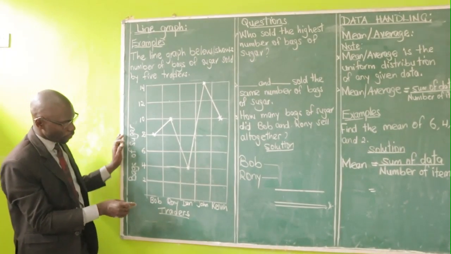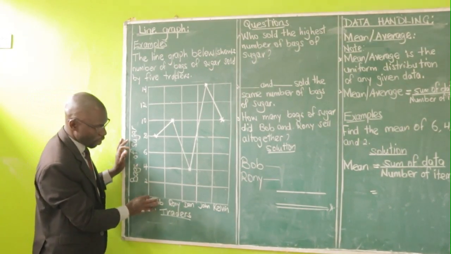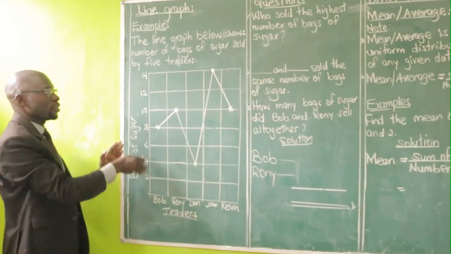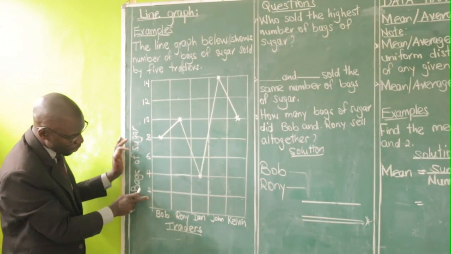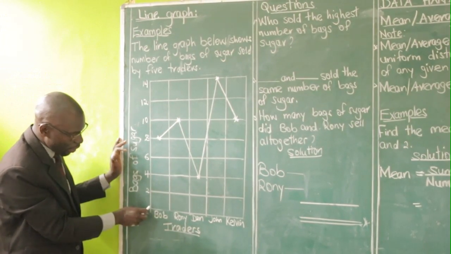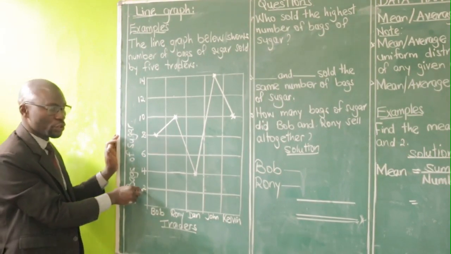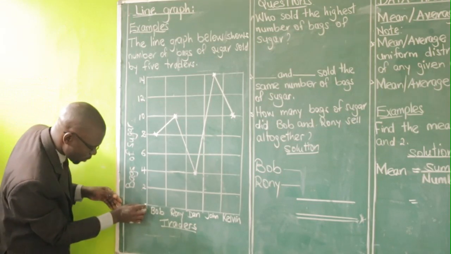I told you, for these graphs, we may not need to have a scale, but up here on the vertical, the one which is standing here, we need a scale. And for this matter, we see that every square or 1 unit is being represented by 2 bags. So now this at 0 is the starting point.